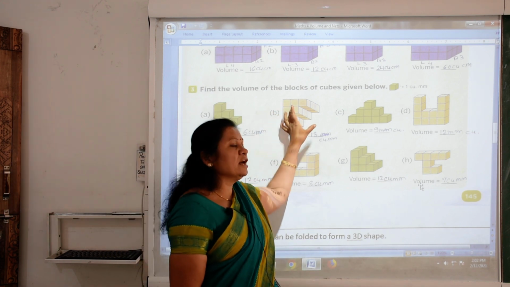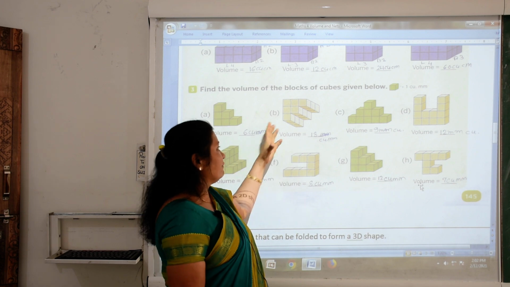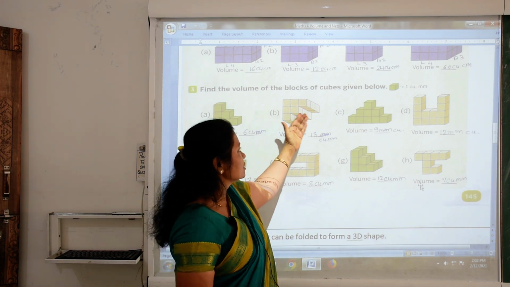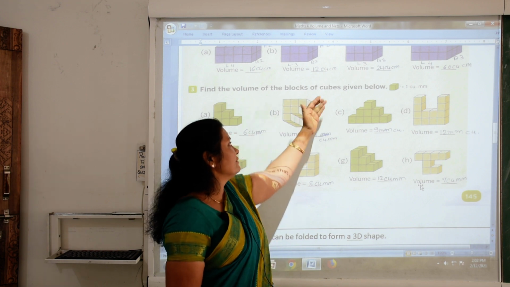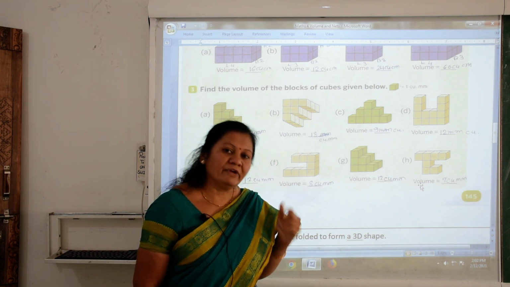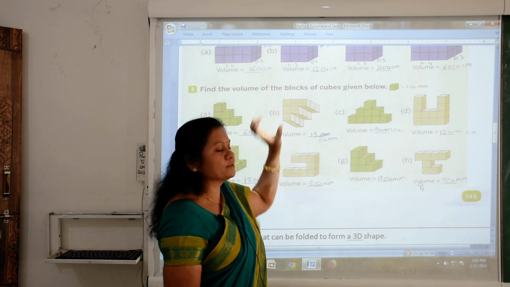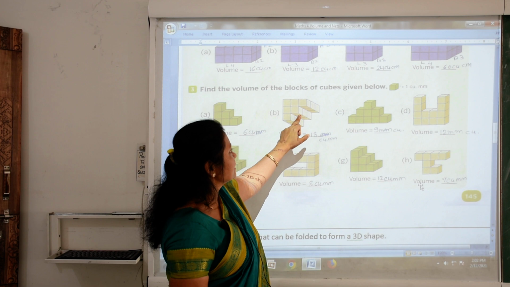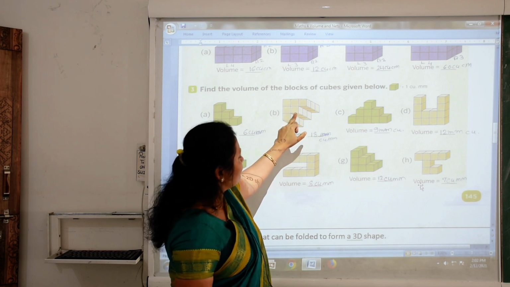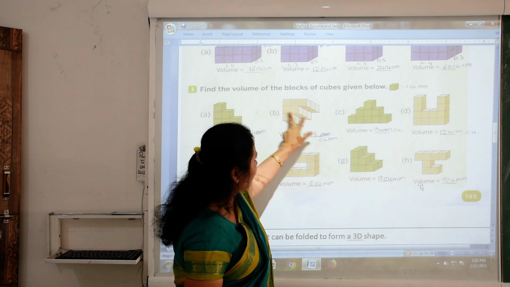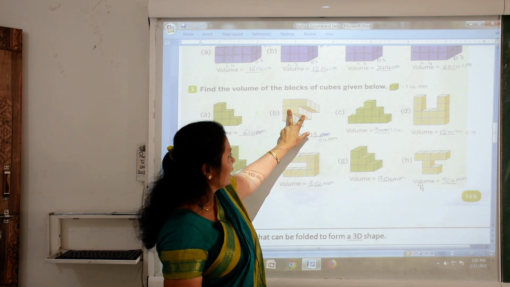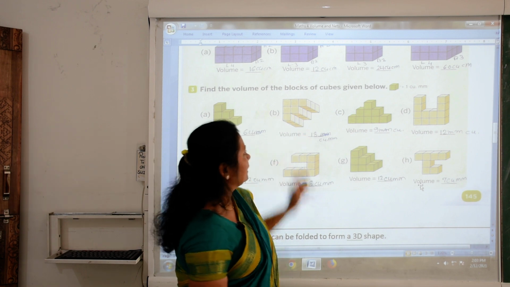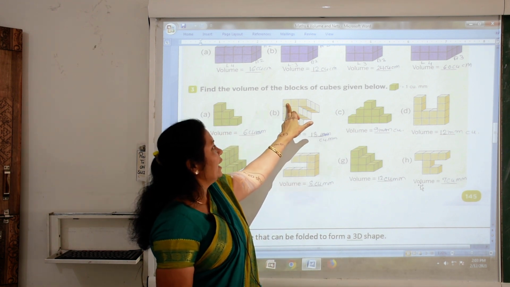And here this picture is also given in different blocks. Different rows: one row has 3, the second row has 6 and the third row has 9. So we will count the cubes here. How many cubes are given here? 1 2 3 4 5 6. 1 2 3 4, 1 2 3, and 3 double कितना हो गया, 9 10 11 12 13 14 15, 17, and here 3 units 1 2 and 3.